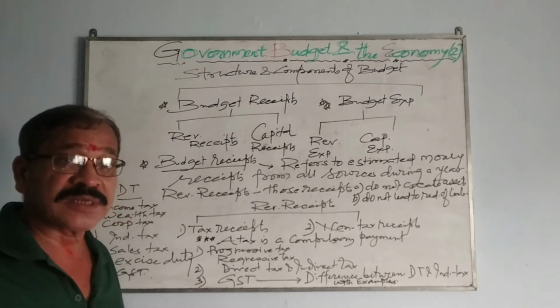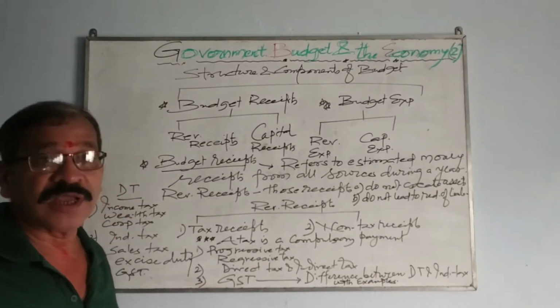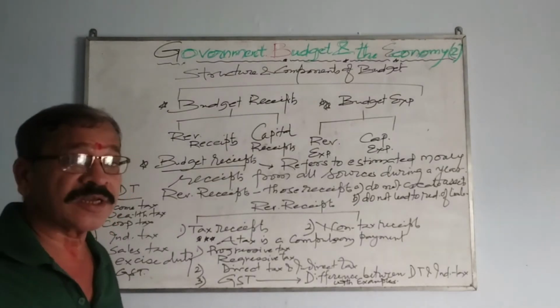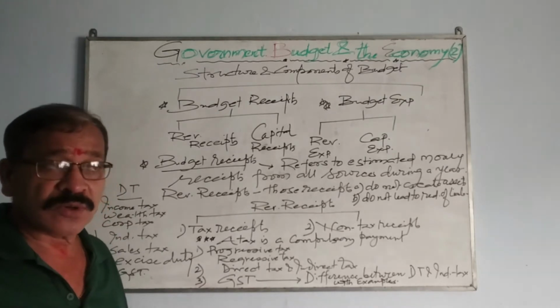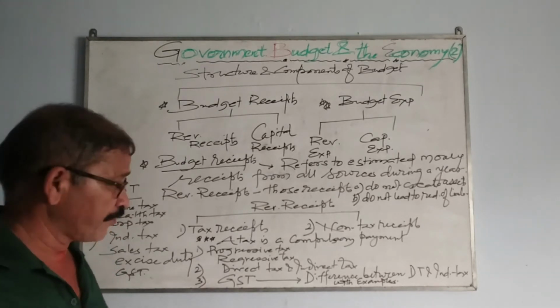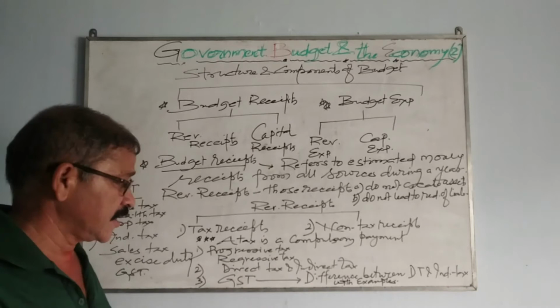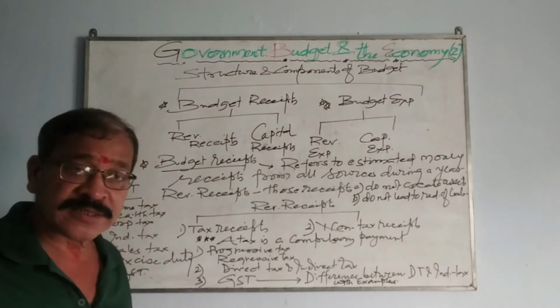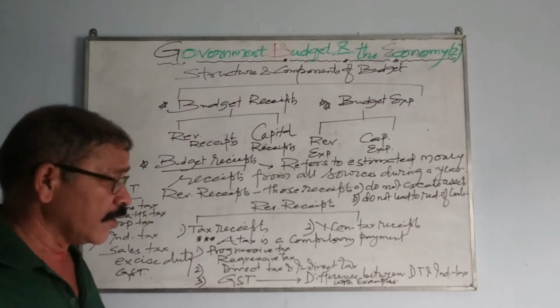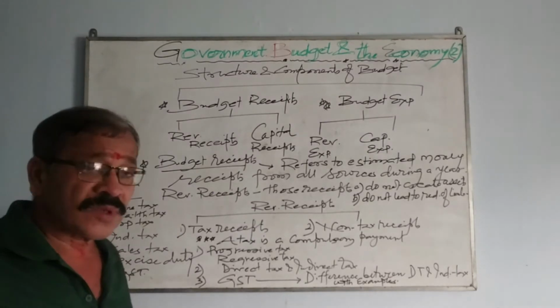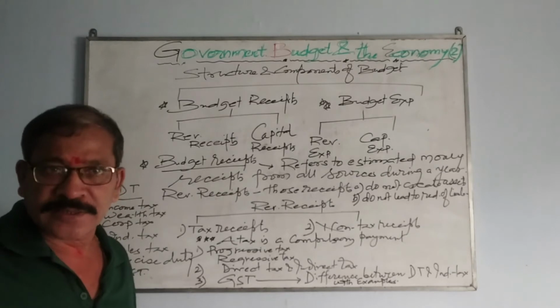It is a compulsory, mandatory payment we have to pay to the government. That comes under tax receipts. Tax is also divided into various types: progressive and regressive tax, direct and indirect tax, and nowadays GST, which we discussed.